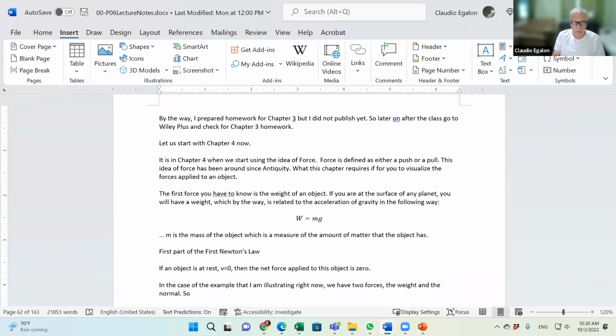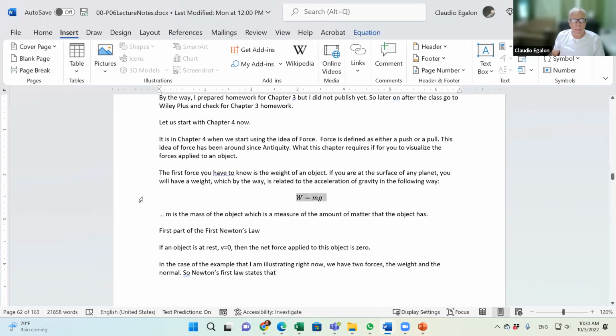So Newton's first law states that the net force, what's the net force? Net force is going to be the sum of all forces, the weight plus the normal is going to be 0 if the object is at rest.